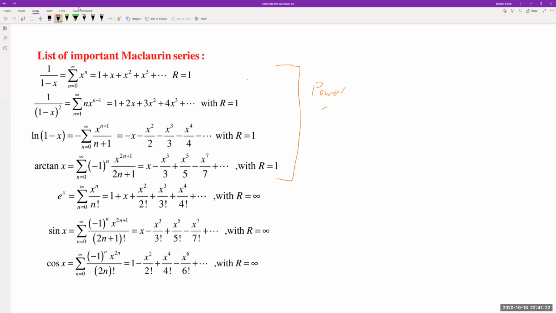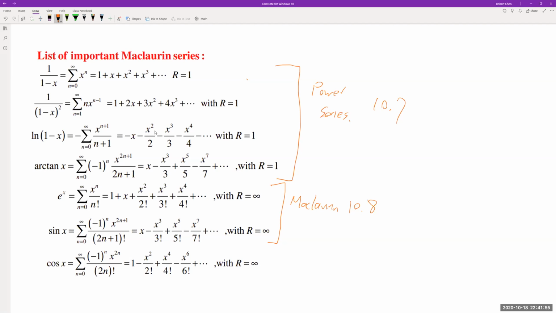We can perform Maclaurin series with what we just did on these functions: 1 over 1 minus x, 1 over 1 minus x squared, ln of 1 minus x, and arctangent, and you would get what we have on the right hand side. These are Maclaurin series or power series centered at 0. These are from 10.7, and these two we did in 10.8.